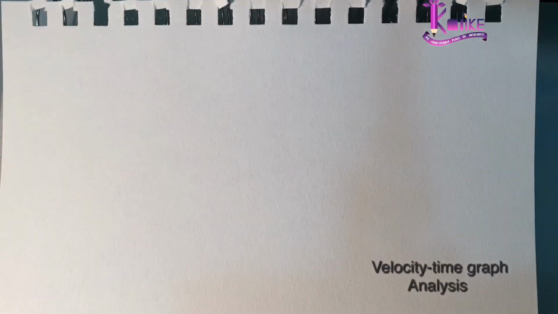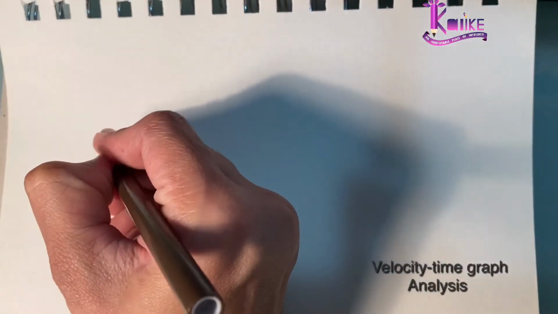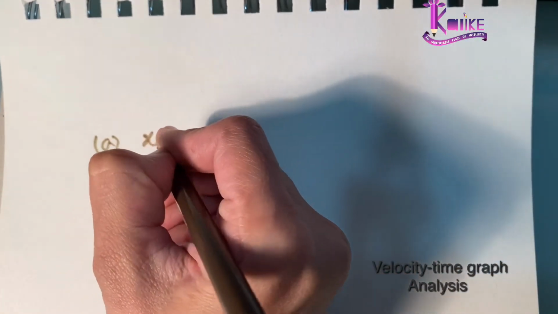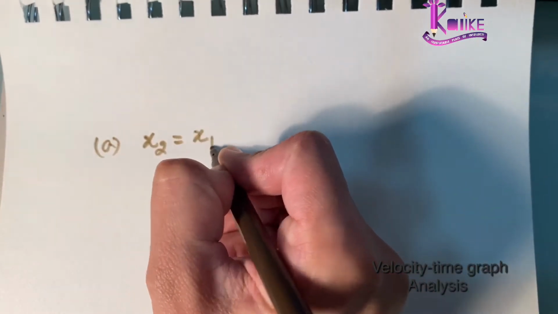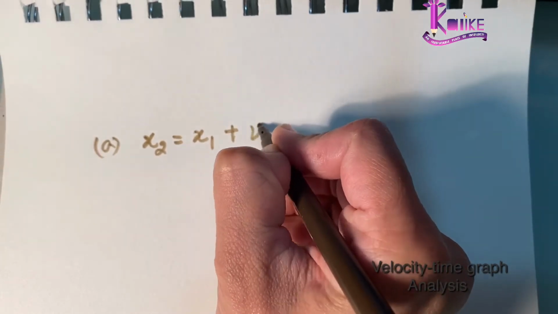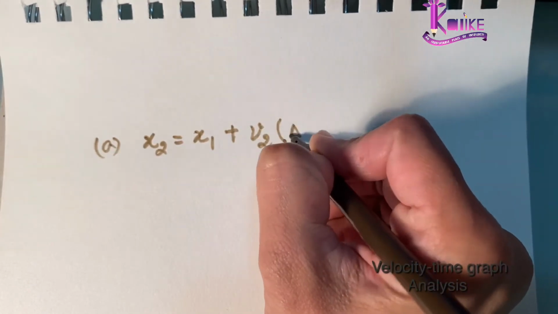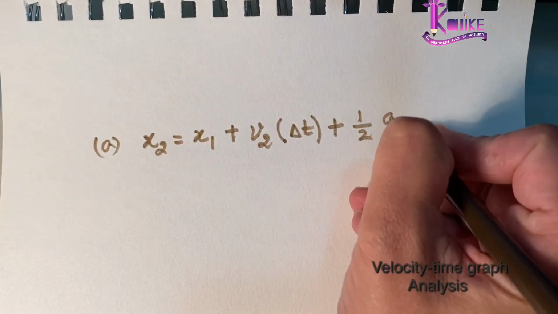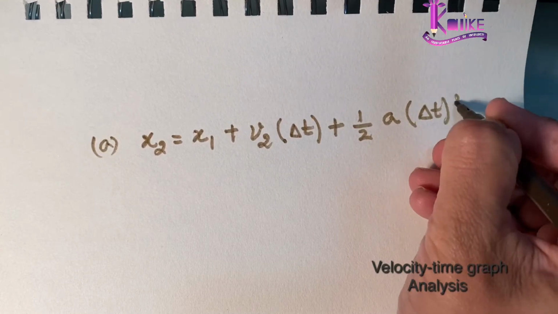It can be rewritten as: x of t2, which is x2, is equal to x of t1, which I'll write as x1, plus v of t2, which I'll call v2, into t2 minus t1, which I'll write as delta t, plus half into a into delta t whole square.